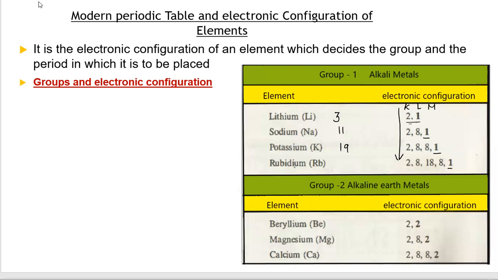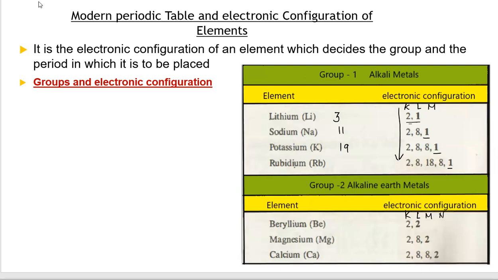Now look at group 2 elements. Beryllium, atomic number 4, electronic configuration 2, 2. Next magnesium. Here also shells K, L, M, N. First is the K shell, then L shell, M shell, N shell, etc. Beryllium consists of 2 shells.